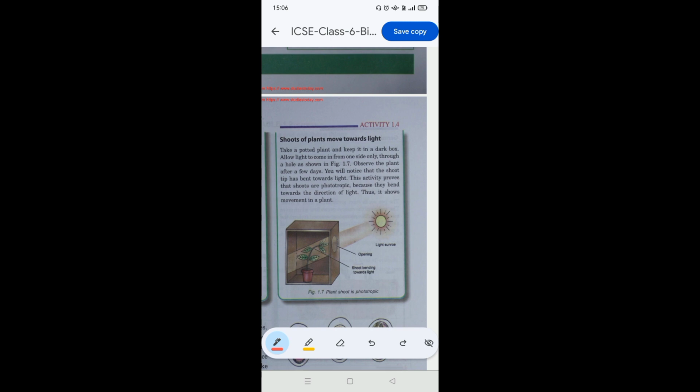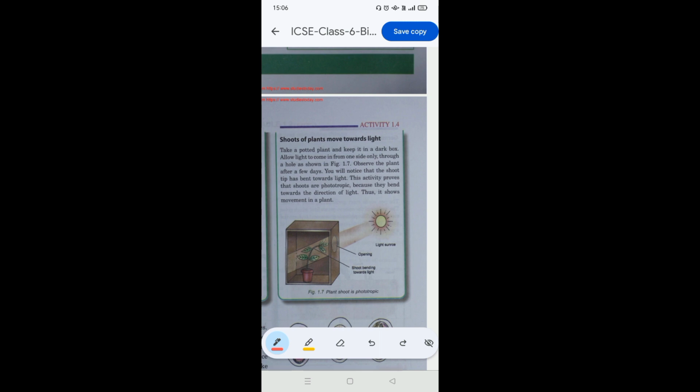So, in the figure, it is clearly meant that the sun acts as a source of light, and there is an opening in the dark box, and inside the box there is a potted plant.